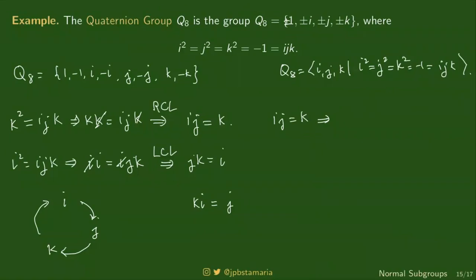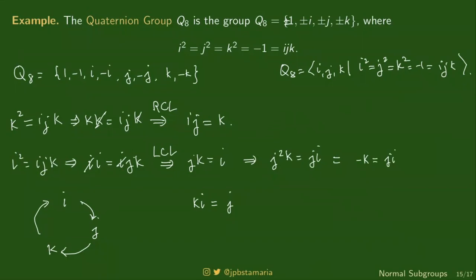If you wanted JI, you can use this second equation. Multiply ka ng J sa kaliwa, you get JI on the right. But remember, J squared is -1, so that is minus K. So ang IJ ay K, pero ang JI ay minus K. So it indicates that this group is not commutative.